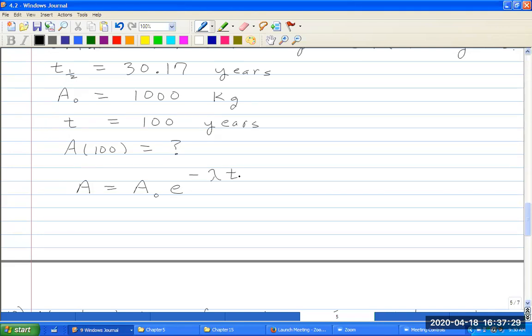So either I can use the fact that we know a relationship between the decay constant and half-life, or maybe I can just derive that formula.